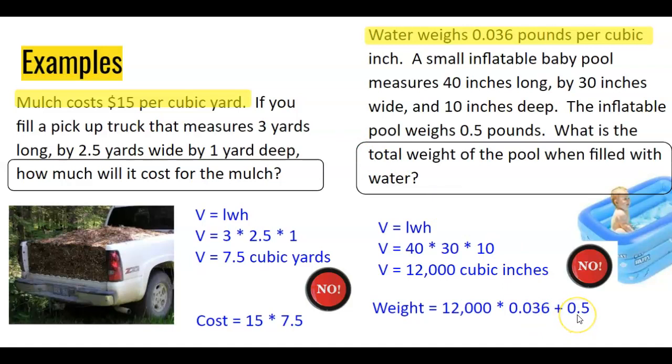We have to add the 0.5 because the pool weighs half a pound, and it said what is the total weight of the pool. When we multiply and add 0.5, we get a total weight, again it cut off a little bit, of 432.5 pounds. Hope that helps you to solve some volume problems.